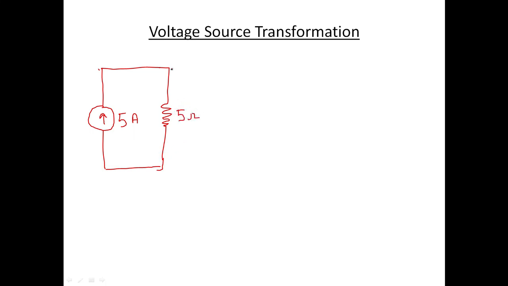Let us suppose there is a circuit having 5 ampere current connected in series with this 5 ohm resistance, and there is a terminal A over here, and there is another terminal B.